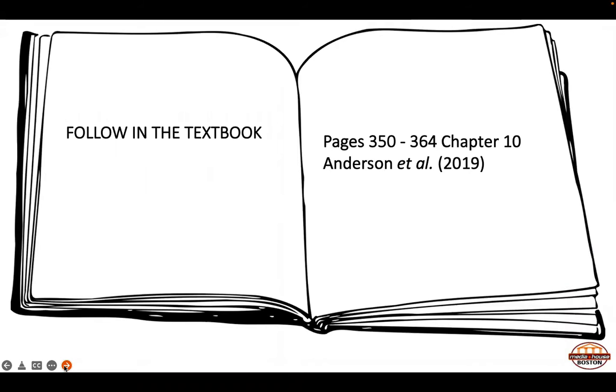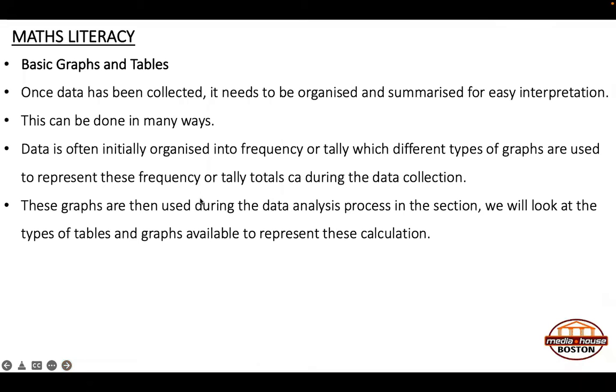Okay, so basic graphs and tables. So once data has been collected, it needs to be organized and summarized for easy interpretation. Okay. So this can be done in many ways.